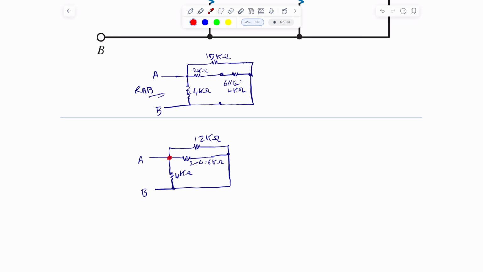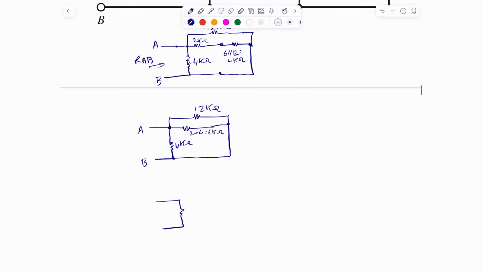So this node is shared between this, that, and this. And this node in here is shared between the 12 kilo ohms, the 6 kilo ohms, and the 4 kilo ohms. So these combinations of resistors can simply be 12 in parallel with the 6, in parallel with the 4, and that becomes the RAB.